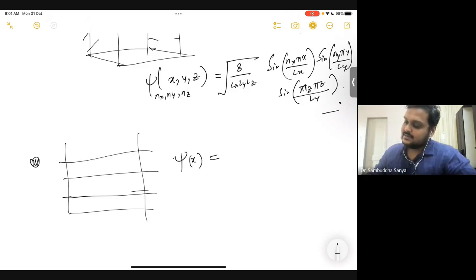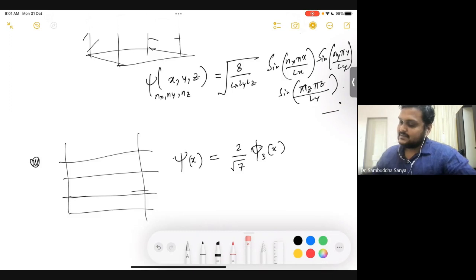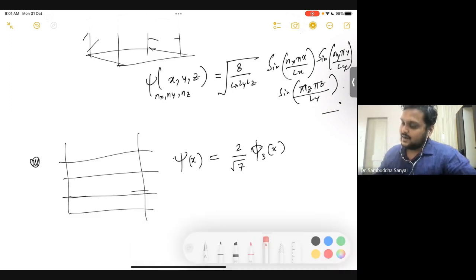So let's say 2 by root 7 is psi 3 of x. So let me call it some psi tilde of x. Okay, I don't need the tilde if I'm using it. So phi 3 is the third eigenstate, just like we have done earlier, right?